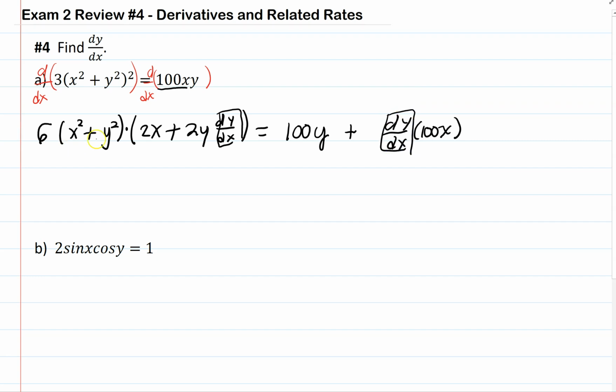Now this is multiplication. So we know that we have to expand, to get dy dx by itself.